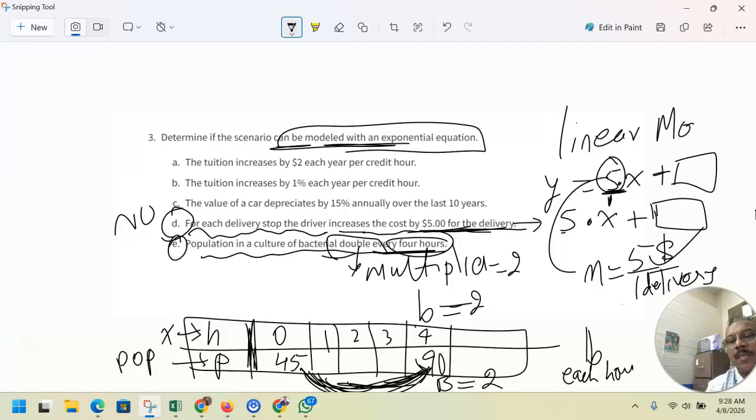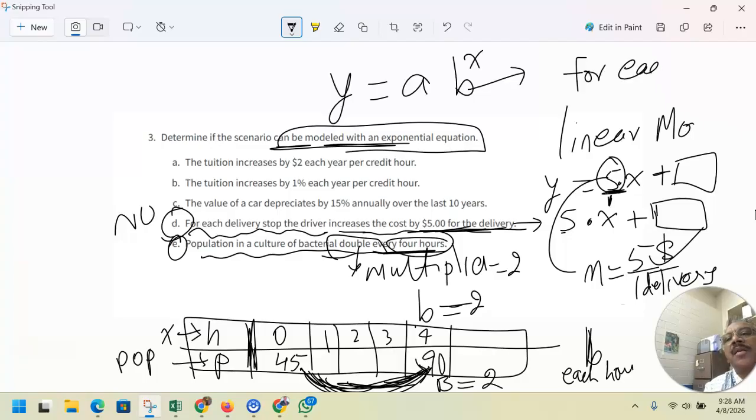When you talk about this B in the formula Y equals A times B to the X, B stands for each increment of X by 1. But right now, in this example, it is 4 here.